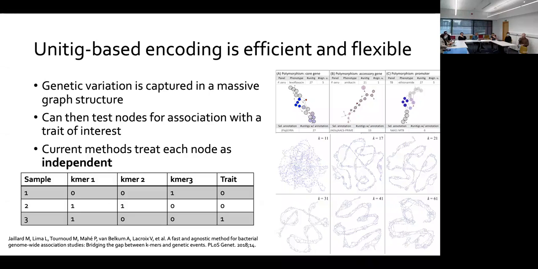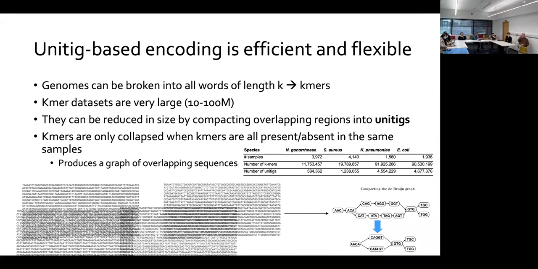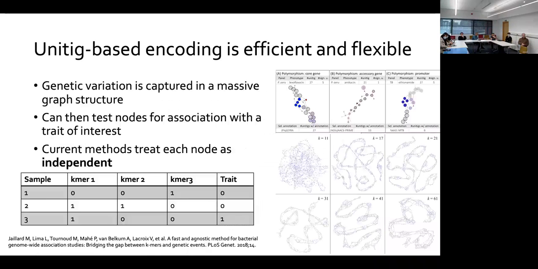Sorry, can I ask? So I know what the nodes are. What are the arcs in the graphs? The edges. Yeah. When do you draw an edge between two unitigs? It's when... Actually, that's not a good example. The edges are where there's some degree of overlap between the words. So it's structural, it's not functional.